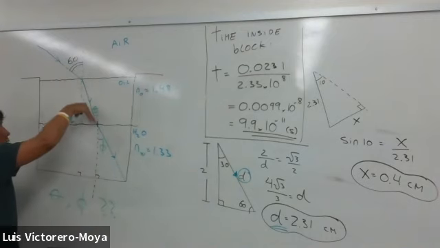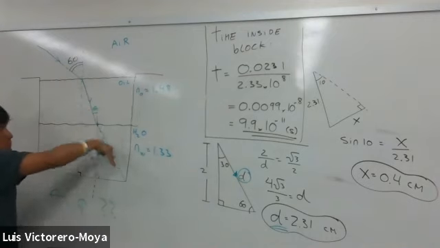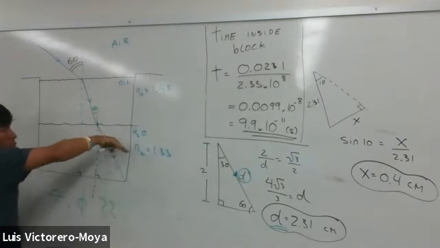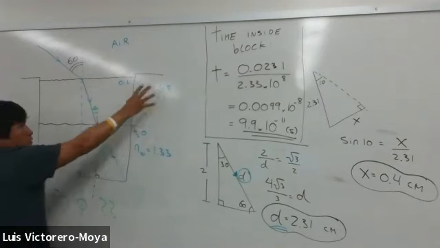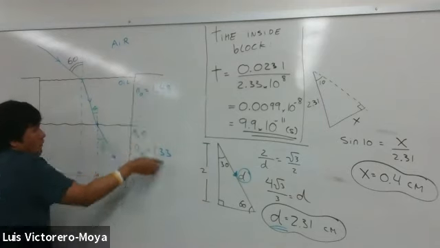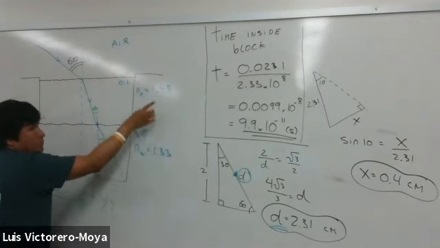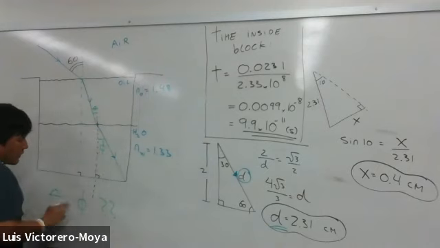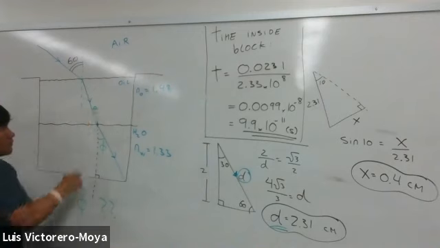When you go from oil to water, the light bends away from the normal because it went from higher to lower. Not very much, not a big difference, but still enough, so phi should be greater than theta.